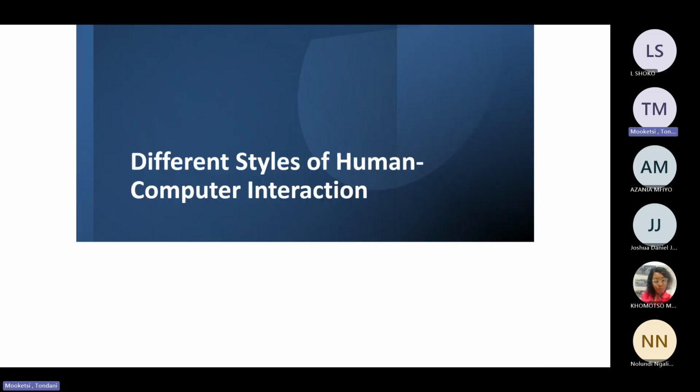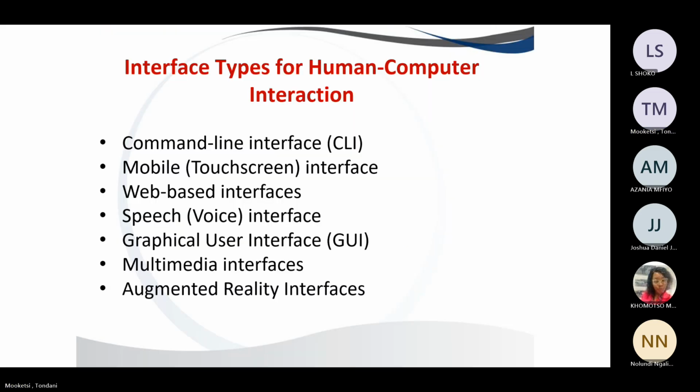Then I want us to look at the different styles of HCI. So there are different types of human-computer interaction. Command line interface. You have probably heard of this before.